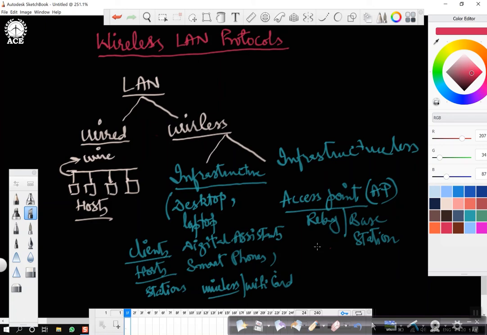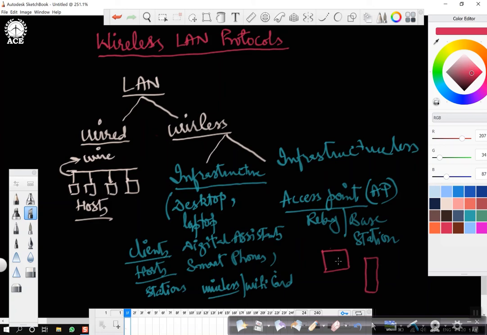I have already shown you how an access point looks in unit 1, perhaps in the videos, or just Google access point and go to images. It will be just like a box, or maybe cylindrical.